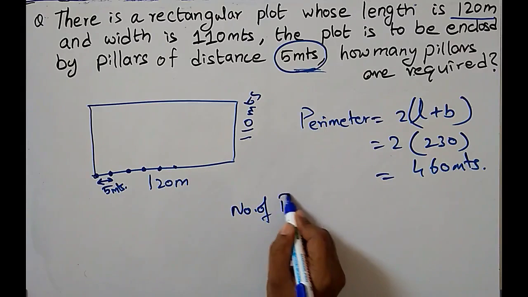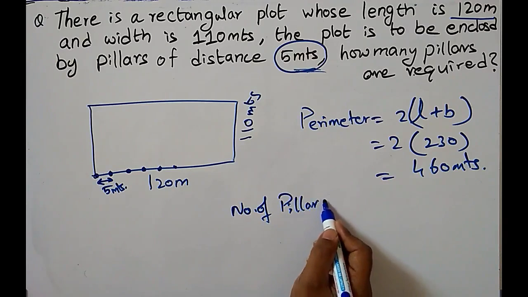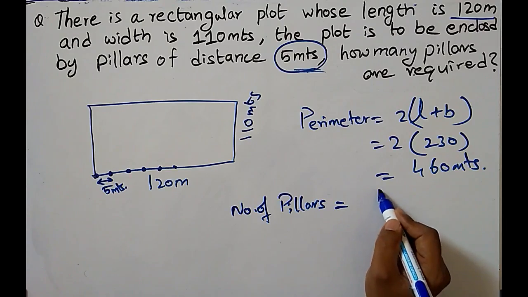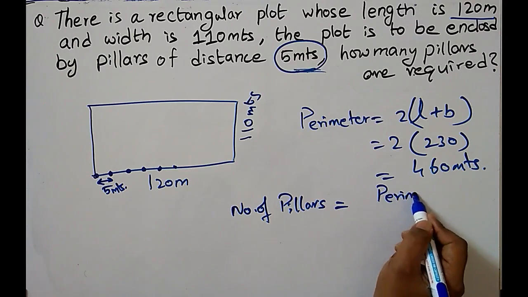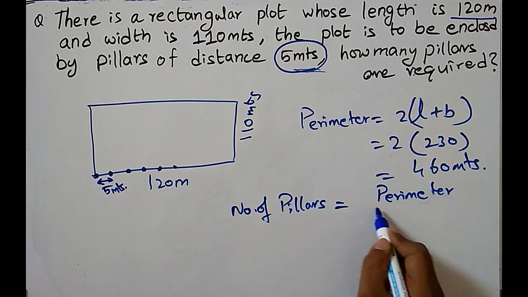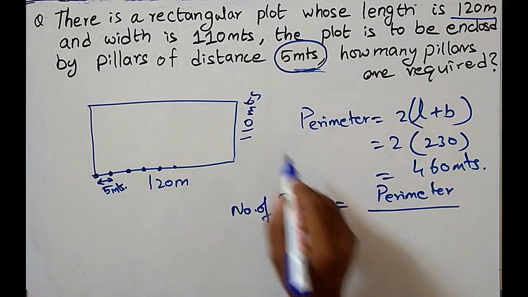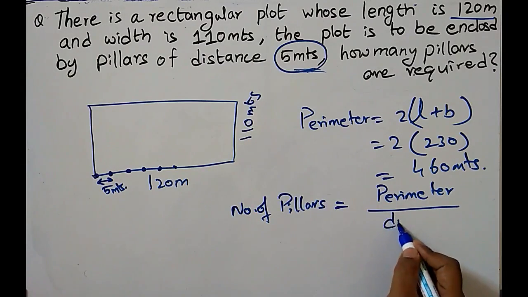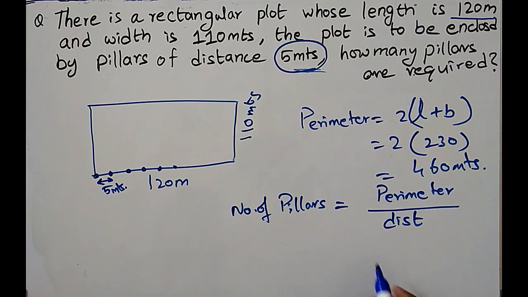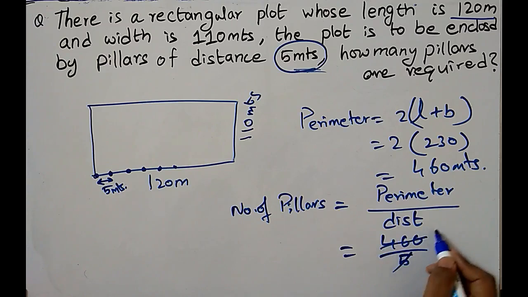Number of pillars is equal to perimeter divided by distance between the pillars, that is 460 by 5. 5 nines are 45, 5 twos are 10, 92.